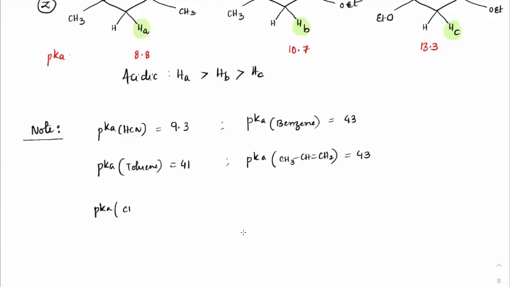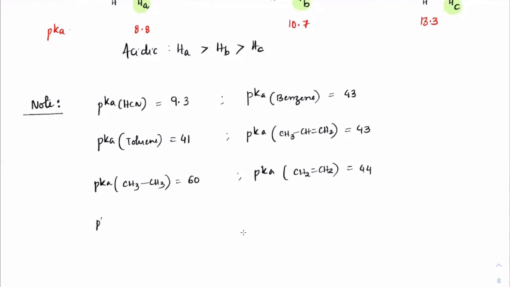The pK value of ethane is around 60. The pK value of ethene is around 44. And the pK value of acetylene is around 25. If you ask me which out of all these is the most important pK value while problem solving, it would be that of acetylene.